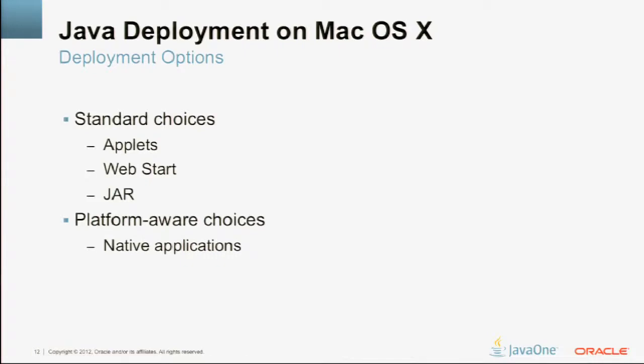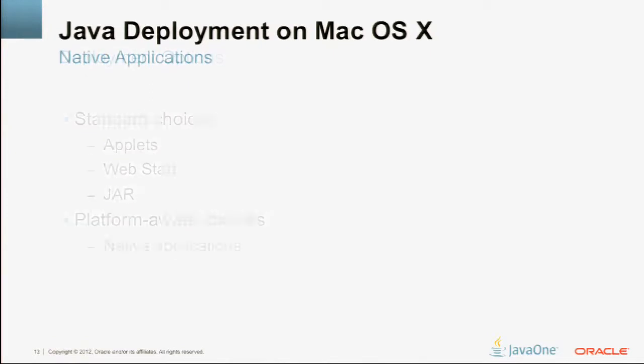But we've got some new platform-aware choices, native applications. In Mac OS, when I worked at Apple, we used to call these bundled apps, or bundled Java apps. Now, for some consistency, we're calling them native applications, just to make a little more distinction. Well, what's that? A lot of people raised their hands here, so I think you've seen this before.